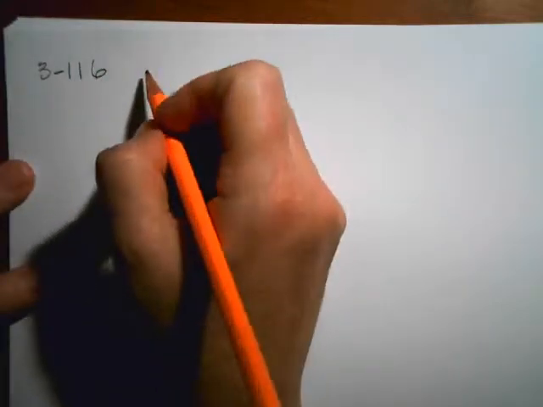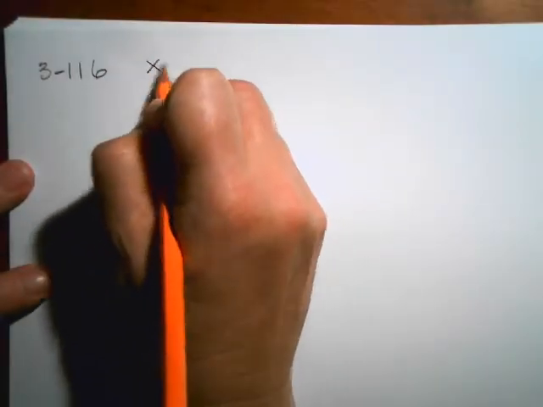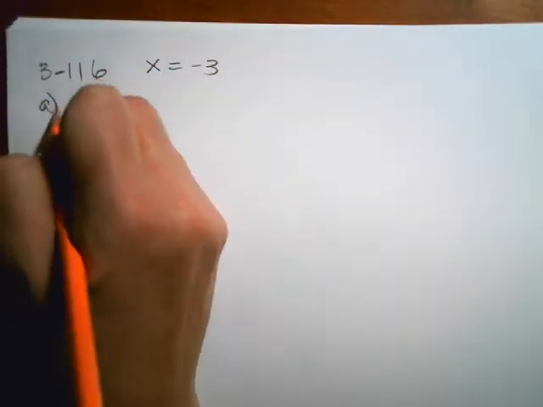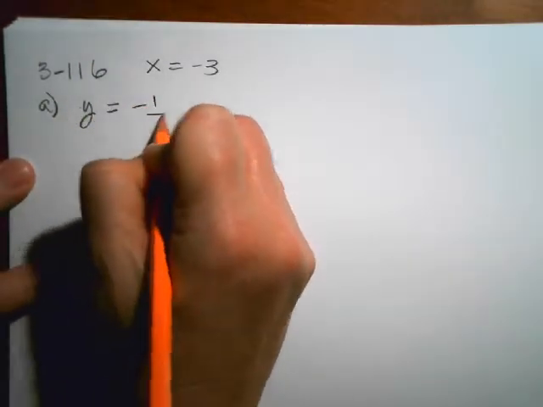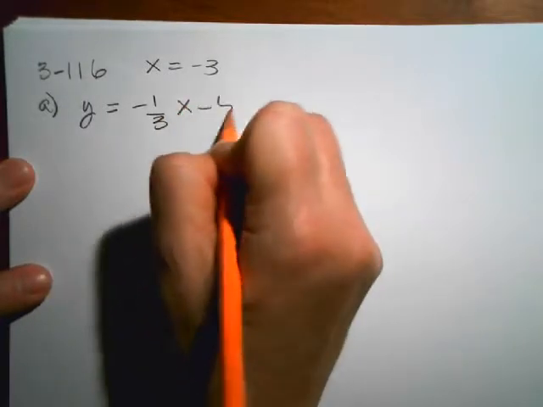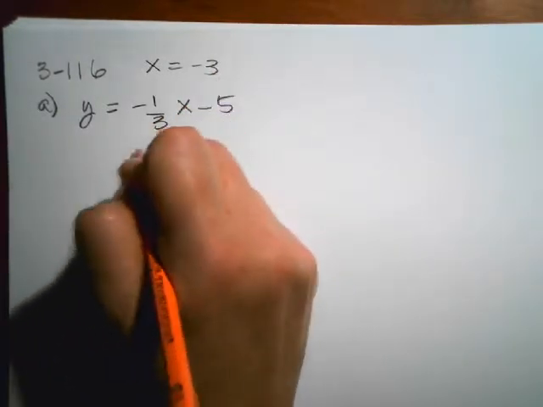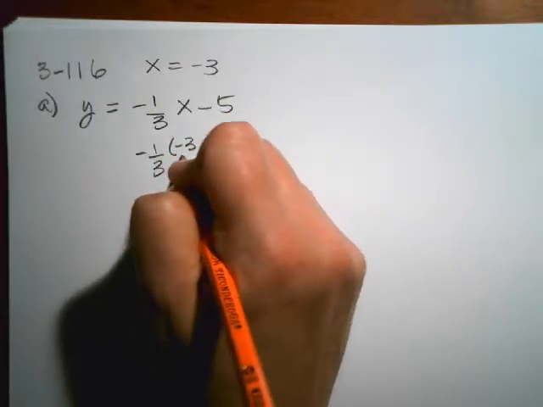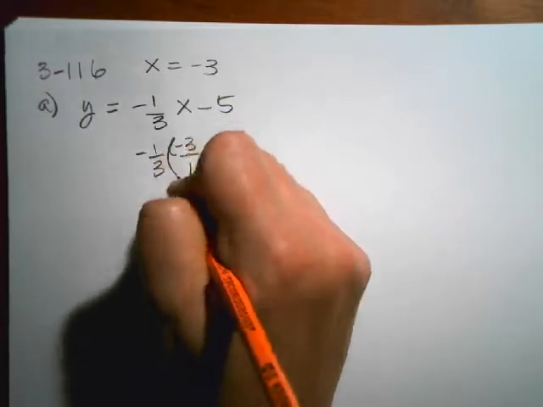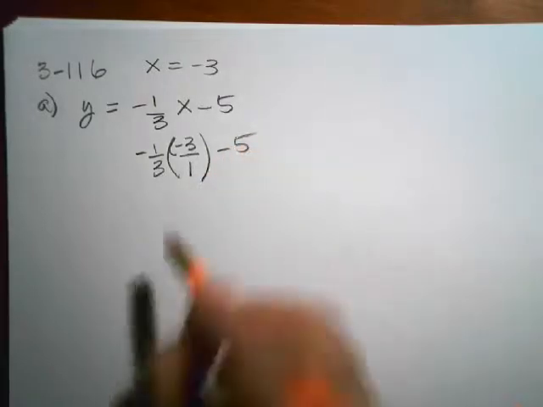Okay, 3-116 says to find the value of y if x is -3. So we're just doing a little substitution and simplifying. If x is -3, I would have -1/3 times -3. If it helps, you can put -3 over 1, minus 5.